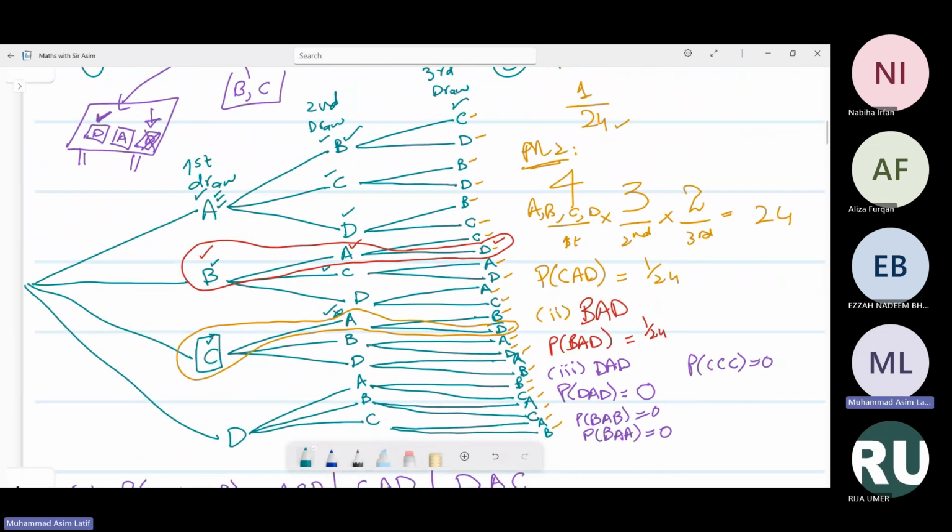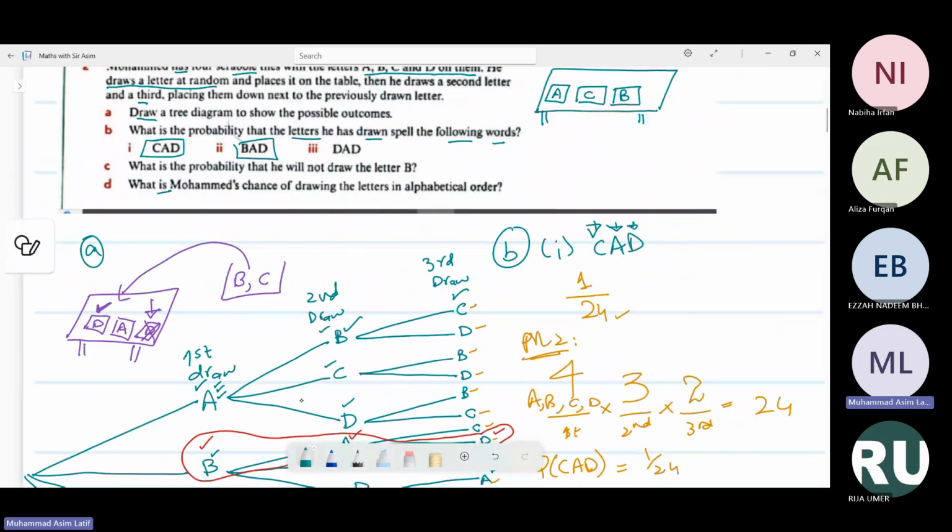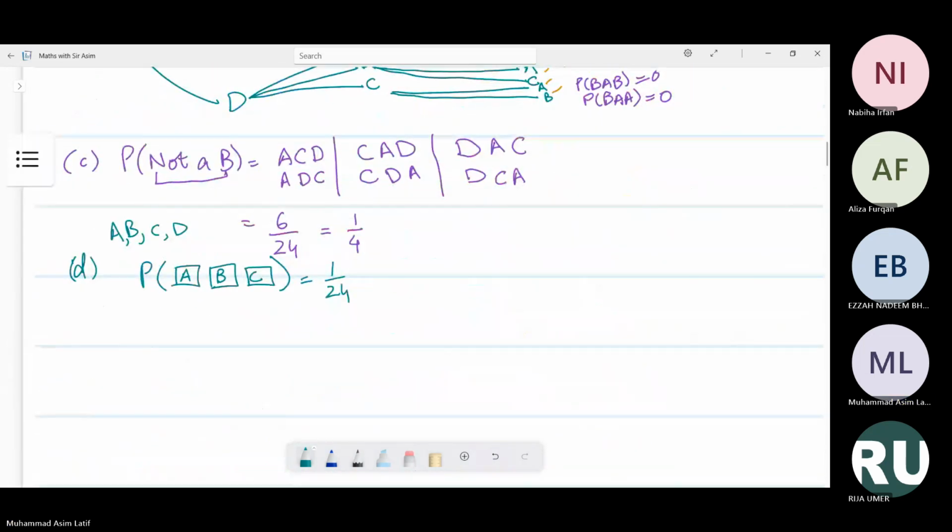The question was, what is Muhammad's chance of drawing the letters in alphabetical order? Alphabetical order means drawing these three cards in such a way that the first card should be the first letter of English alphabet that we have got over here, that is A. The second one should be B, and the third one should necessarily be C. And these should be following the same order.